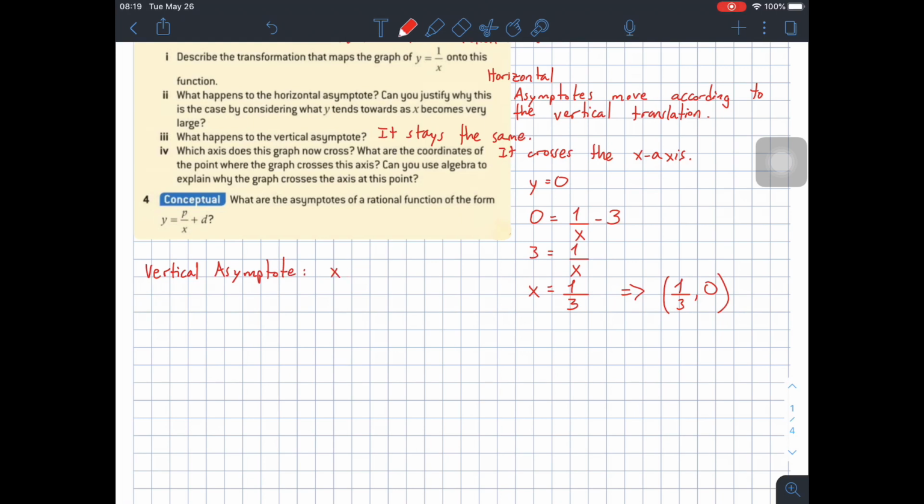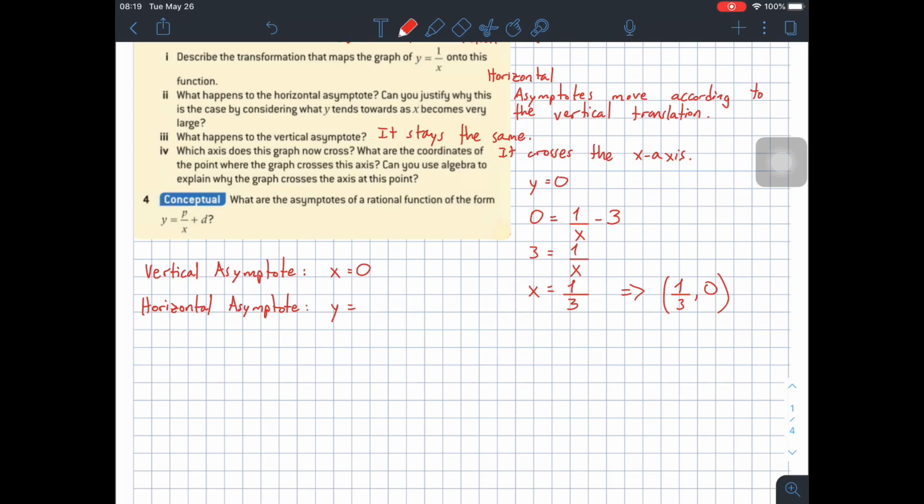Because there is no horizontal translation. But the horizontal asymptote is varying depending on the vertical shift, right? So it is always y equals d, whatever the value of d is.